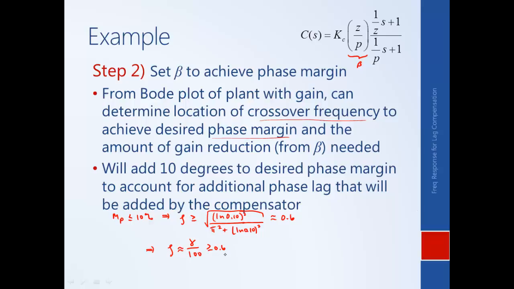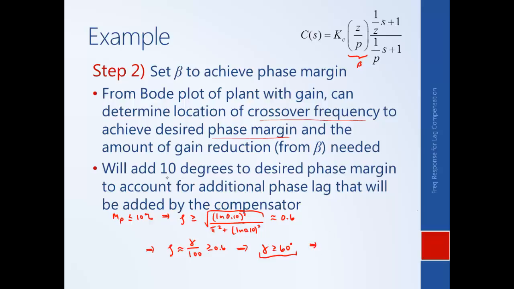So if we multiply through by 100, that means that our phase margin needs to be greater than approximately 60 degrees. And this relationship isn't exact, but it's at least going to give us a starting point. Okay. So this is what we need in order to achieve that amount of overshoot.